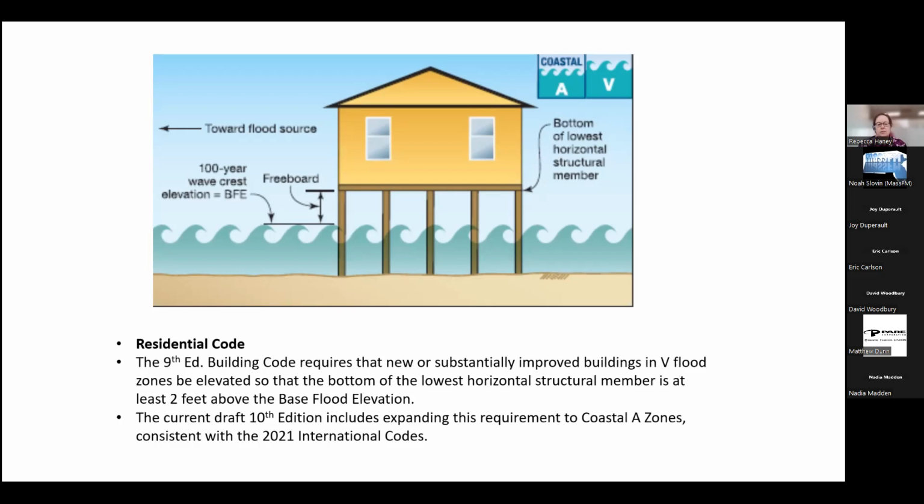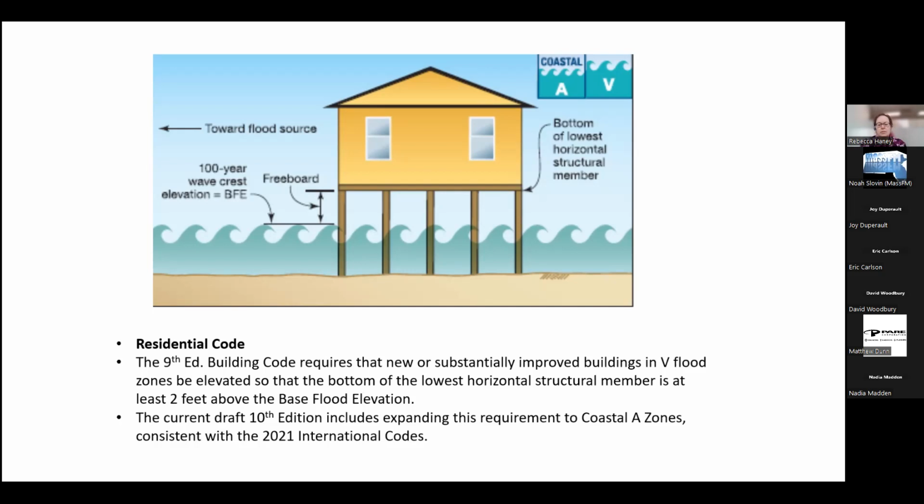So in V zones, in the 9th edition, we required plus 2 feet, as I said before. The draft 10th edition, as it is proposed, includes coastal A zones in that same section for requirements for V zones.